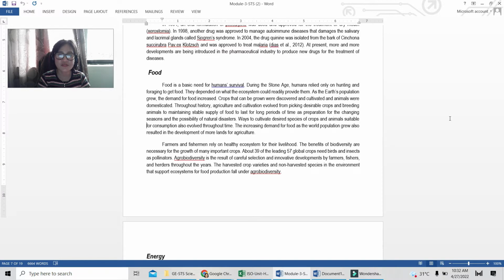So crops that can be grown were discovered, and cultivated animals were domesticated. Before, the way humans got their food was by hunting. Either they would kill other animals to have food for their family, and then foraging to get food. But right now, with technological advancement, as people are increasing, and of course when the demand is high, the supply needs to be high too, right?